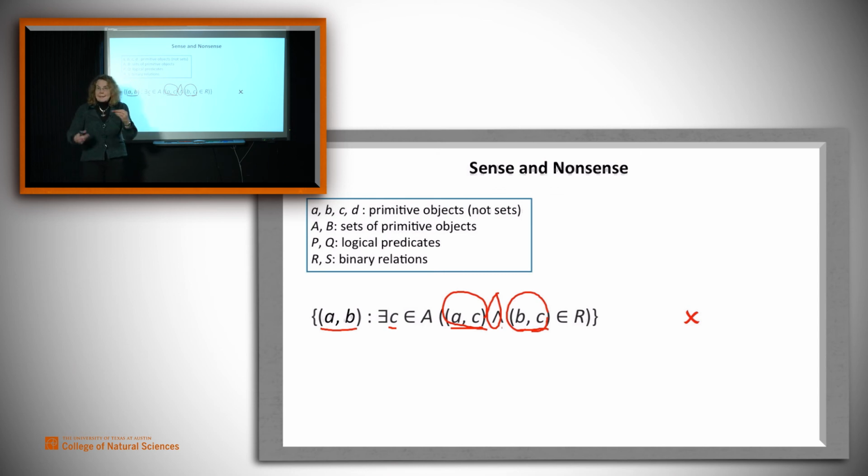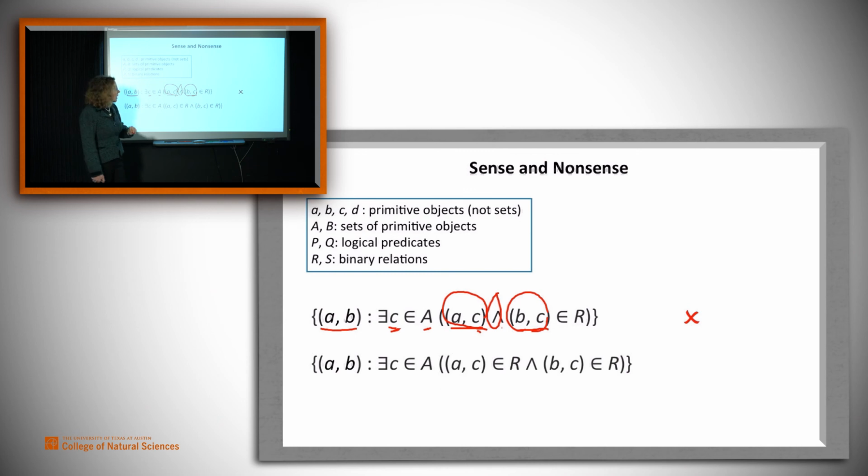Let's look at it, see if we can figure it out. Maybe what we're trying to say is that we want the set of all AB pairs so that there exists a C that's in A such that both AC and BC are in R. Now we have to make the logical claim that AC is in R and BC is in R. That makes sense.